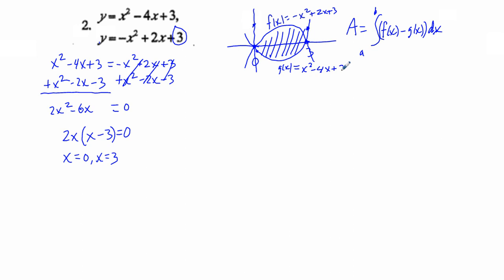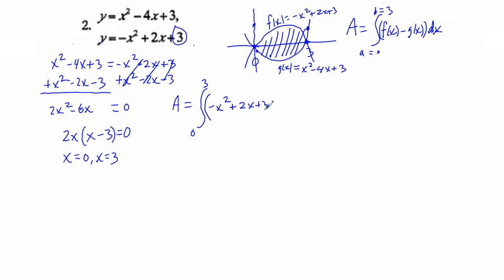Okay, so let's work this out now. I have area is equal to, and we found that our limits of integration are from 0 to 3. That's going to be our equivalent for a and b. A equals 0, b equals 3. And we're going to have f of x minus g of x. Well, f of x, our upper function, must be negative x squared plus 2x plus 3.